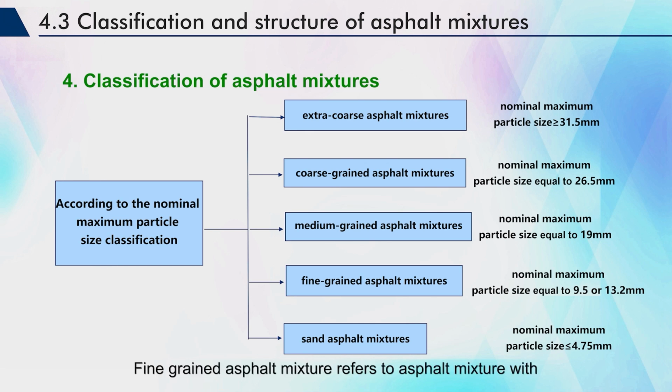Fine-grained asphalt mixture refers to asphalt mixture with a nominal maximum particle size of 9.5 millimeters or 13.2 millimeters. Sand-type asphalt mixture refers to asphalt mixture with a nominal maximum particle size less than 4.75 millimeters.